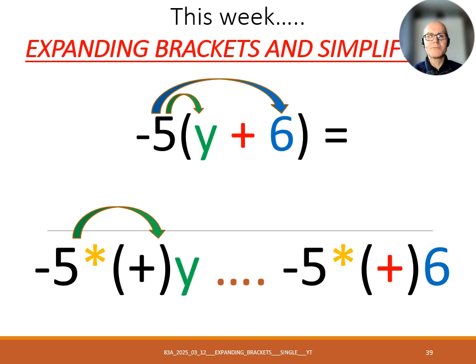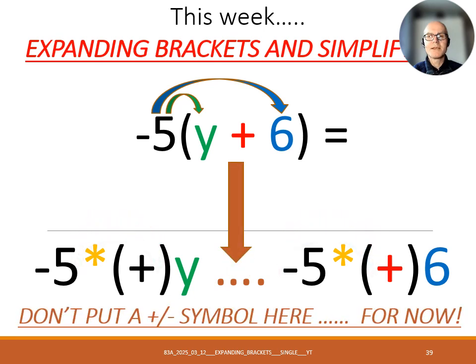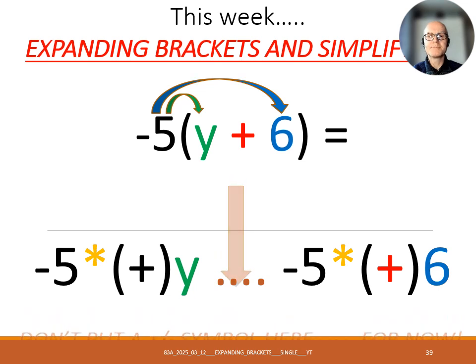Negative 5 times positive y and negative 5 times positive 6. Split it into two chunks. Keep our consistent method going throughout all these examples and all the quiz questions which we're moving on to next.